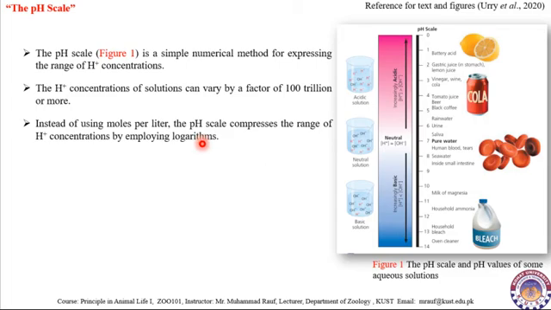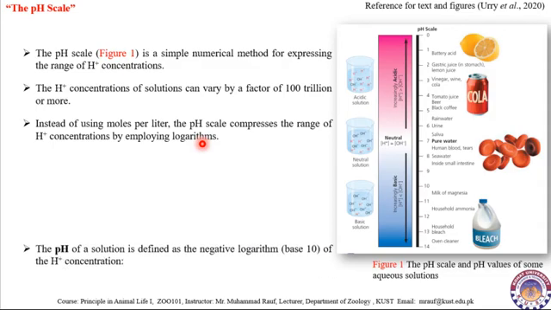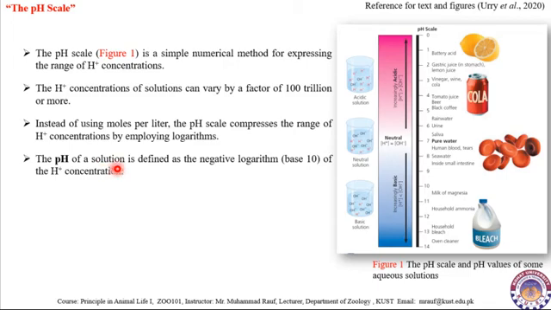Here we usually express this power as a value put as a superscript on 10. The pH of a solution is defined as the negative logarithm base 10 of the hydrogen ion concentration. So this is how the pH value is calculated.